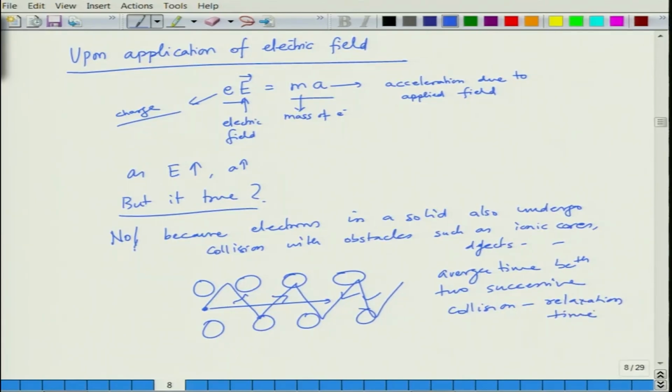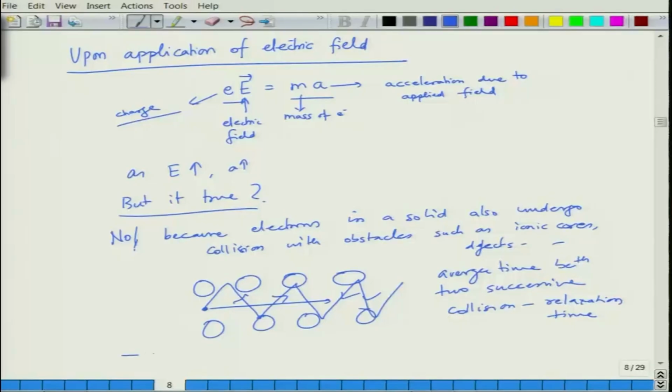Because of this balance between acceleration and the deceleration caused by collisions, the electron achieves a velocity called the drift velocity, which is basically an average velocity.